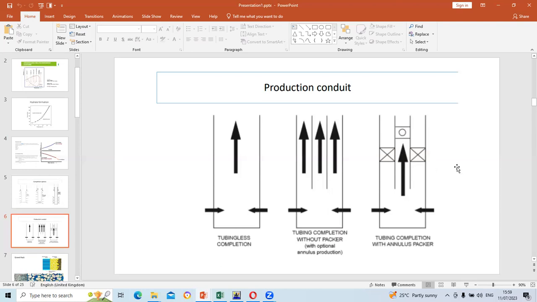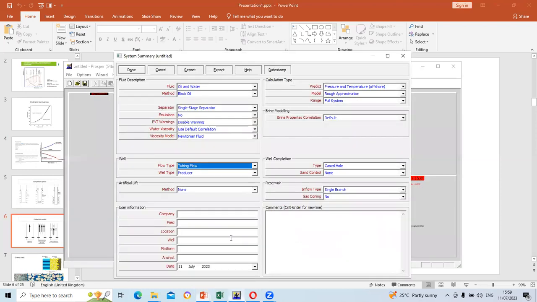So there are three ways in which production can take place: through the annulus, through the tubing, or both. In this case, we'll just take our tubing flow, to make it easy for the simulation to take place.